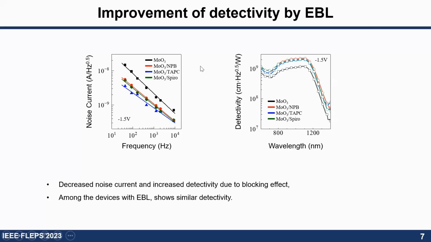Also, in case of the detectivity, the devices with electron blocking layer show higher detectivity compared to the device without electron blocking layer. And among these three devices, they show similar detectivity because of the similar LUMO and HOMO levels.